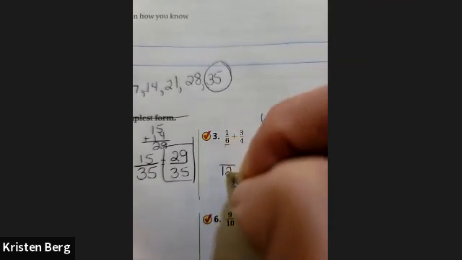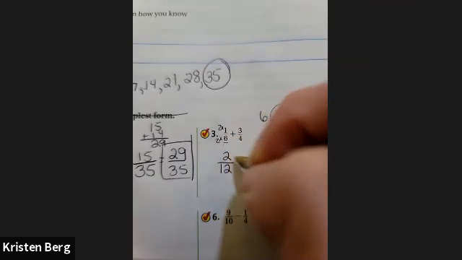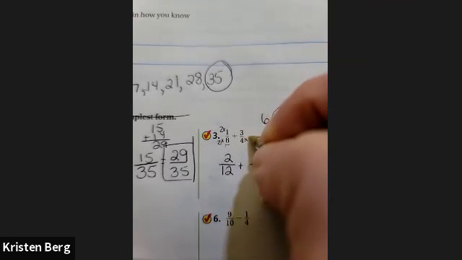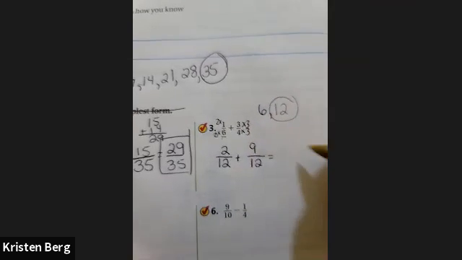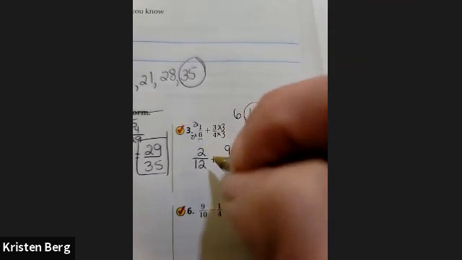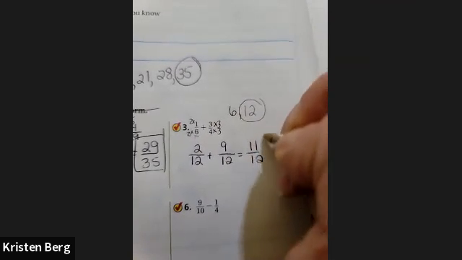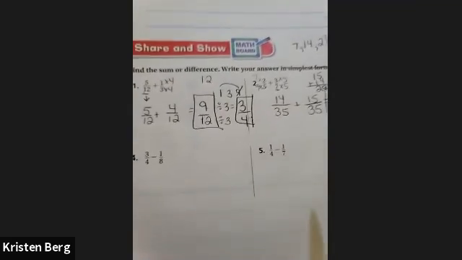What do I do to a 6 to get it to 12? Times that by 2 and this one by 2. That would be 2 12s. What would I do to a 4 to get it to 12? Times that by 3 and this one by 3. That would be 9 12s. So therefore, 9 plus 2 is 11 over our same denominator, which is 12. So our answer is 11/12.